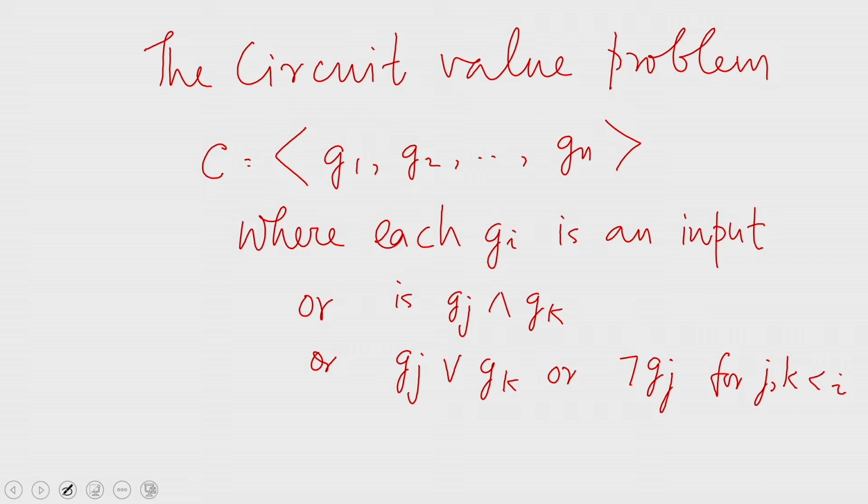So an ordered tuple of this form is called an instance of the circuit value problem. What is required in the problem is to evaluate the circuit.